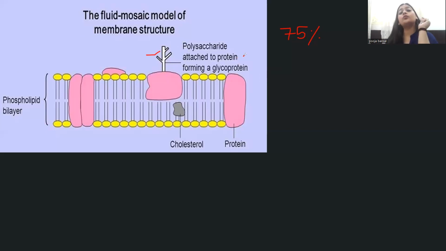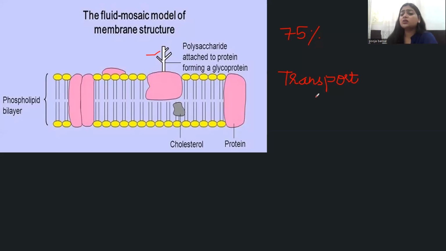Now, as I told you that plasma membrane is selectively permeable, that means it will allow certain substances to come in and certain substances to go out. So it facilitates transport. You all know that transport means movement of molecules inside and outside the cell.